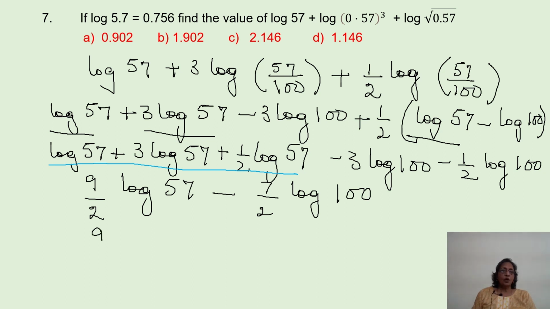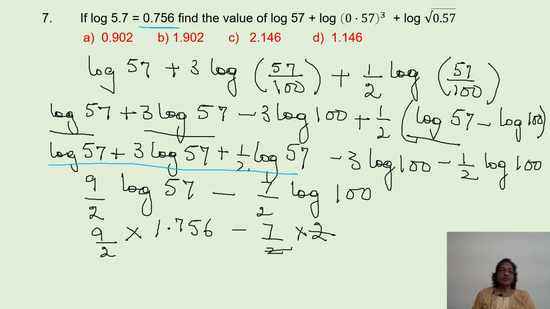I know the value of log 57, so I'm going to put it here. Now remember, this is log 57. So the first thing is you put your characteristic. Mantissa will remain the same as what is given to you over here. Okay, so this will become 1.756. Log of 100 we all know is 2.